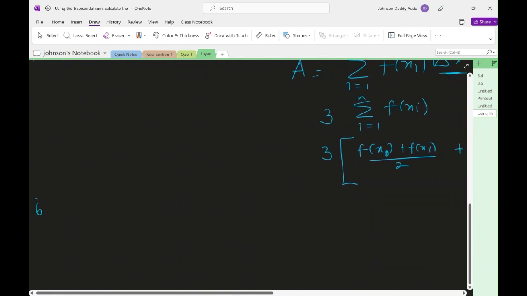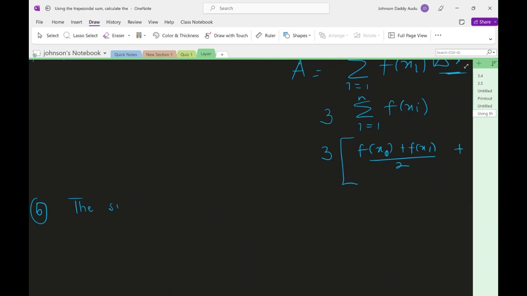So for the B part, we're going to say that the trapezoidal sum is an underestimate.